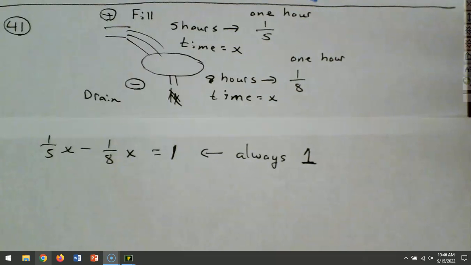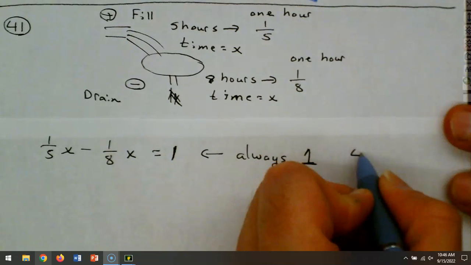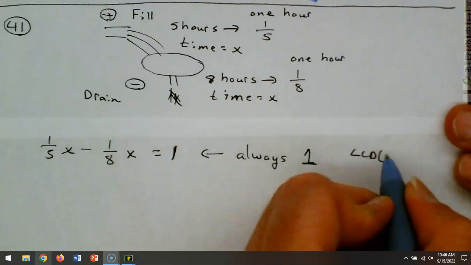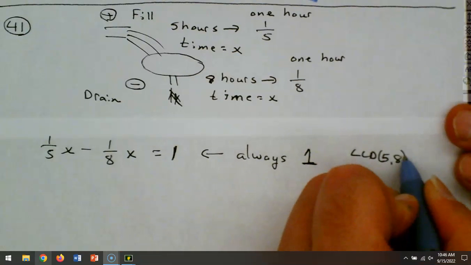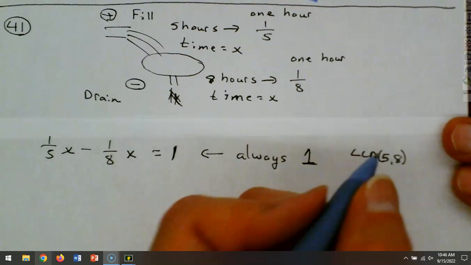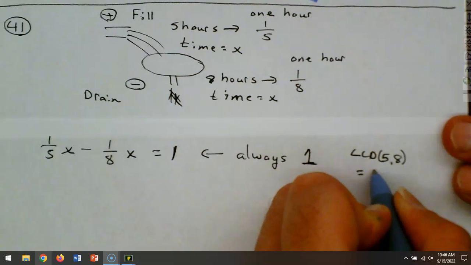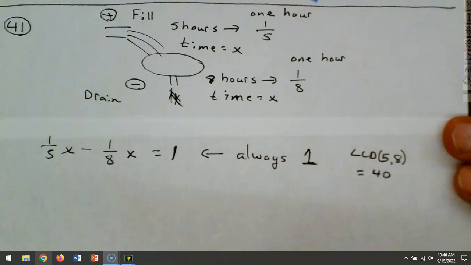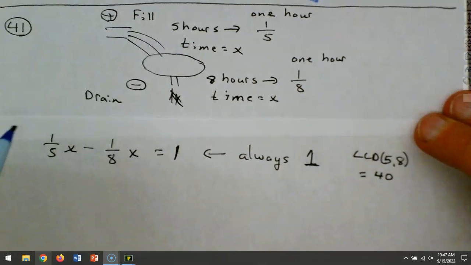Now we can clear this out. The least common denominator of 5 and 8 would be what? Can someone tell me? The least common denominator of 5 and 8 would be a 40, wouldn't it? Okay, so we're going to multiply all of this by 40.